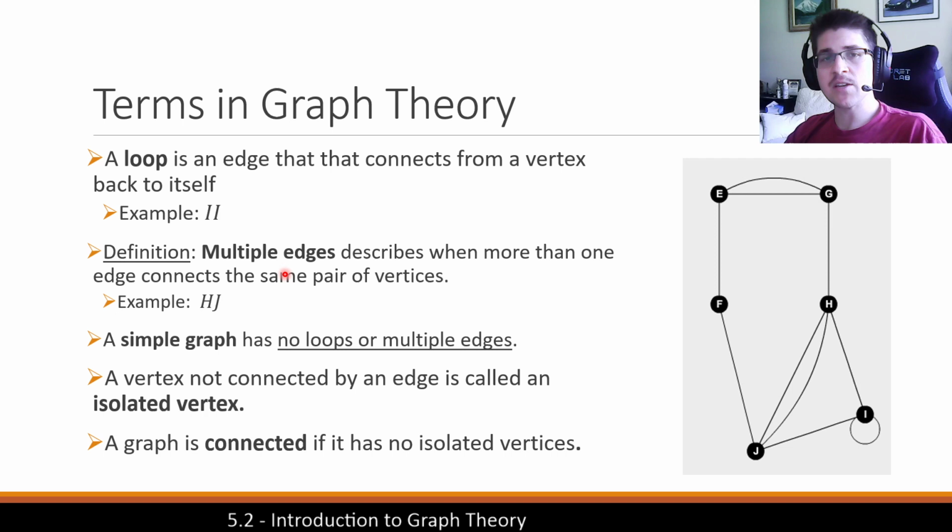Multiple edges would be when two vertices are connected by more than one edge. So if you're looking between J and H, notice how there are two different lines or edges connecting them. We just call that multiple edges. This is kind of weird, because if we're thinking about a typical street system, usually you don't have two different streets connected to the same point, because the whole point of a street is to get from one point to another, and why would we build two different roads between them?